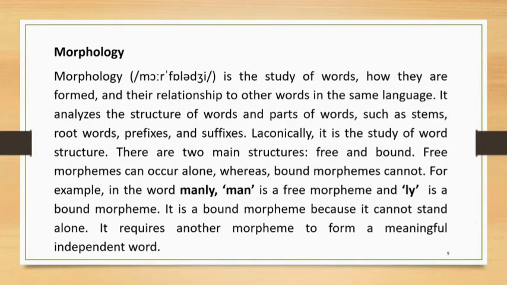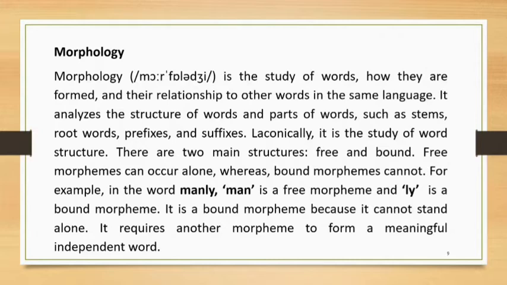Here ship is a suffix. So we are talking about ship as a suffix. It cannot occur alone. It doesn't have any meaning. It is a bound morpheme because it cannot stand alone.